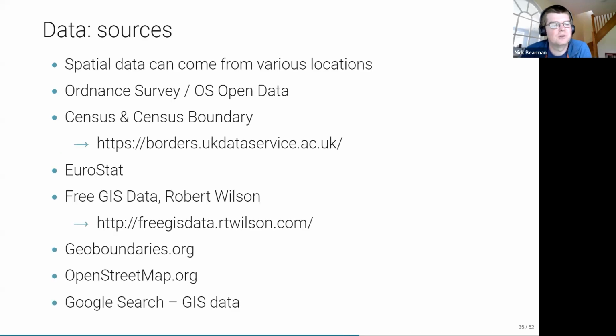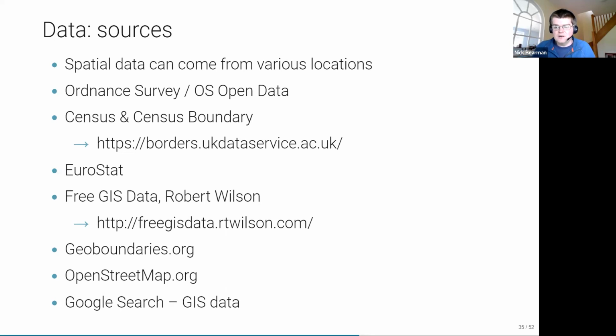There is no one source for GIS data. Depends what you want to look at. So both in terms of geography, so what area, and what theme. If you're dealing with data for Great Britain, Ordnance Survey is the best place to go. They've got oodles of data for Great Britain. Census data is a really useful resource as well. So the UK Data Service has a service for that.